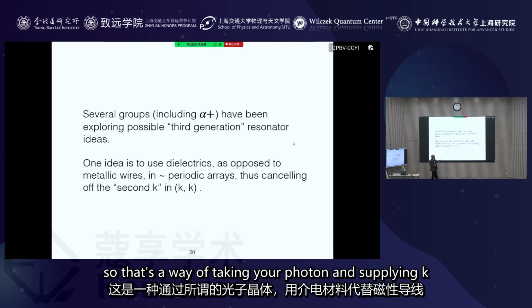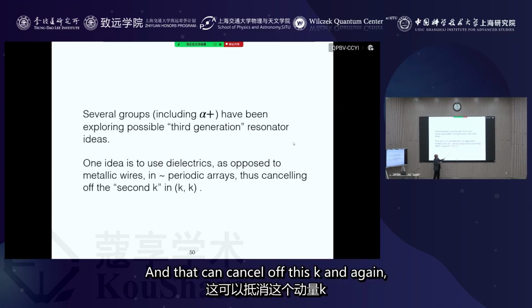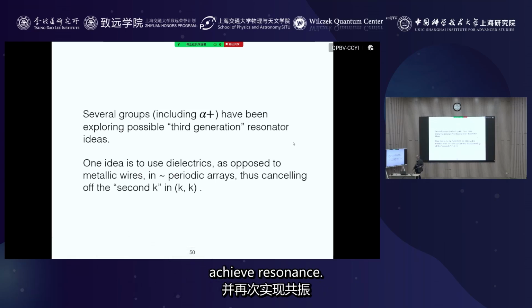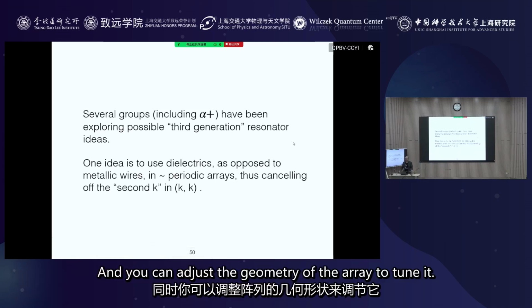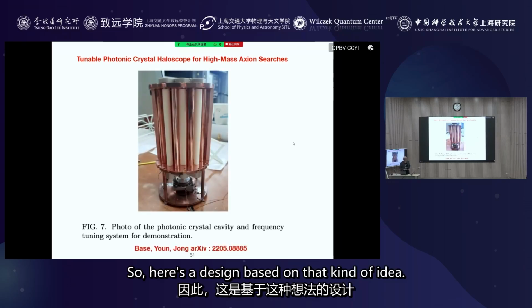So that's a way of taking your photon and supplying K by having what's called a photonic crystal, and that can cancel off this K and again achieve resonance. And you can adjust the geometry of the array to tune it. So here's a design based on that kind of idea.